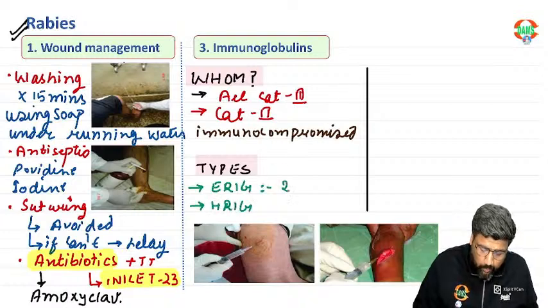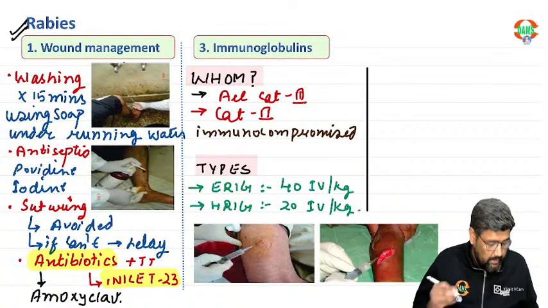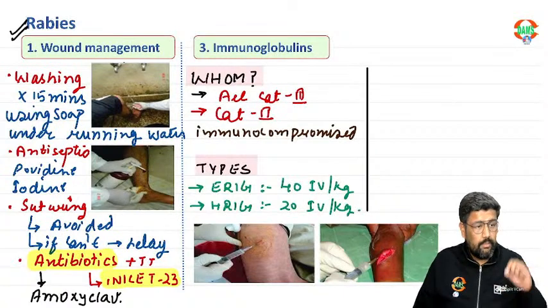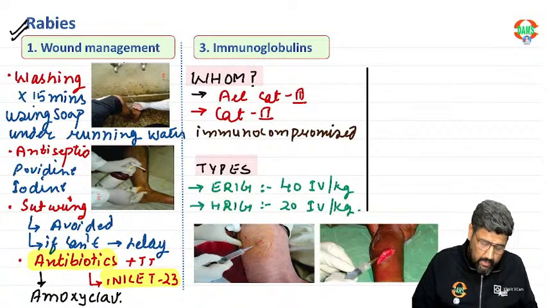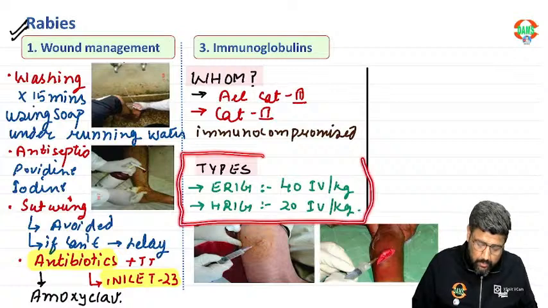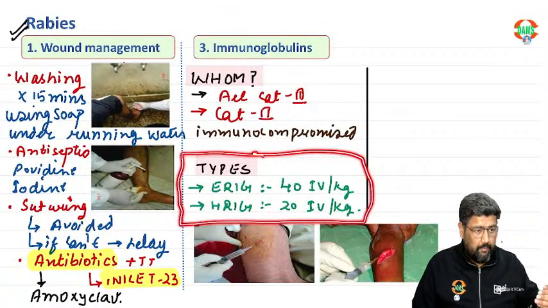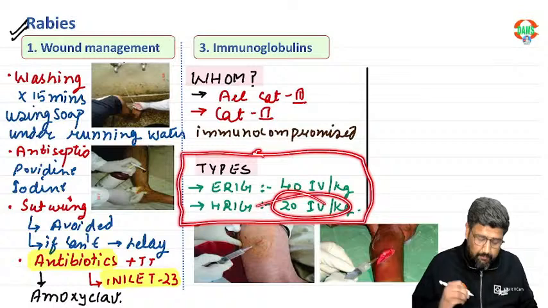The dose for equine is 40 international units per kg, and for the human it is 20 international units per kg. The reason is that human immunoglobulins have a longer half-life. That is why we are giving half the dose.